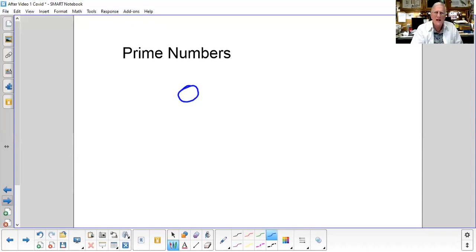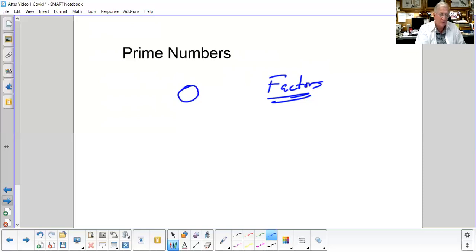So prime numbers are defined to be numbers which have as multipliers or factors, and a factor is a multiplier, okay? So if a number is prime, the only multipliers that will multiply together to give you that number are the number itself and 1.